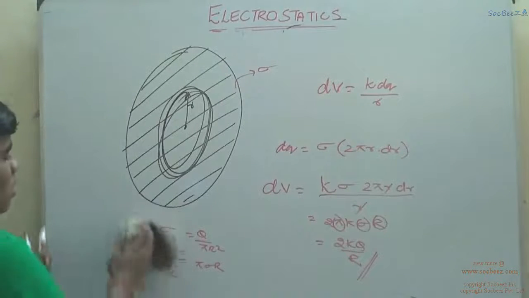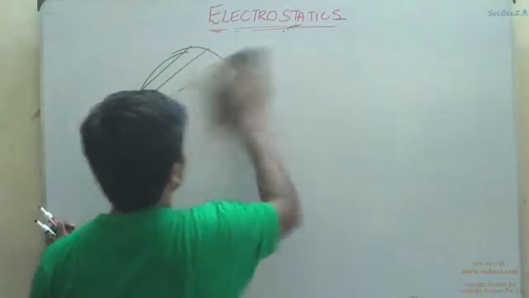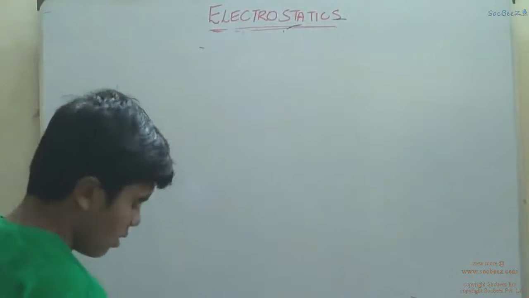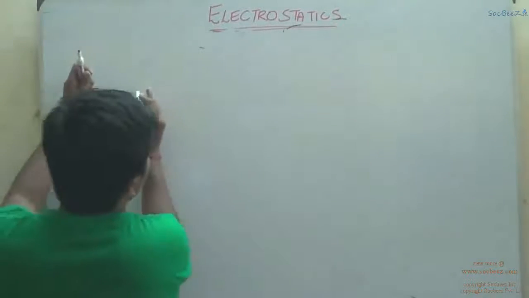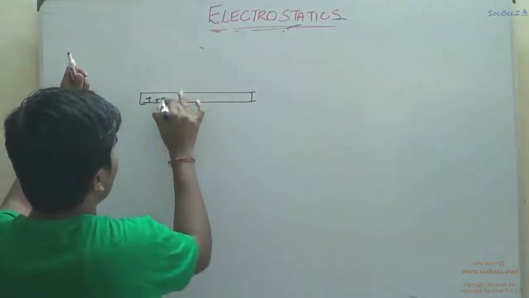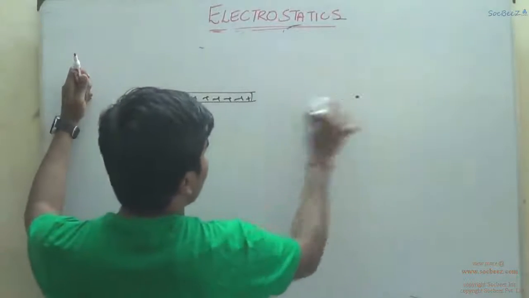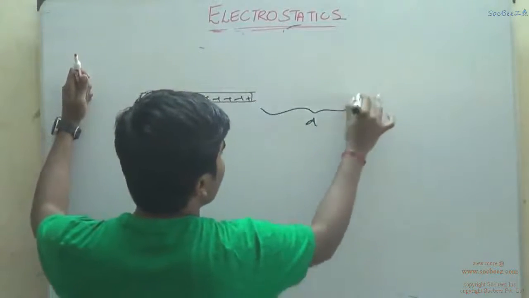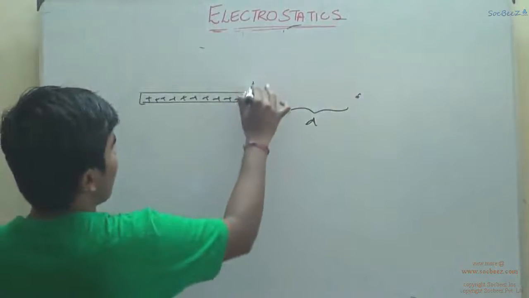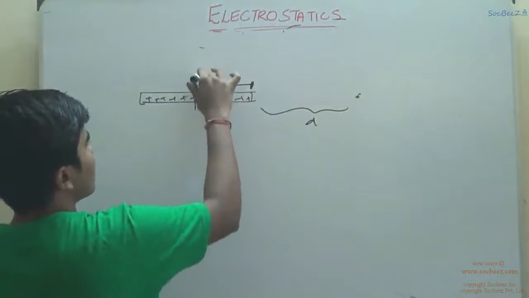Now let us find out the potential due to a rod at a point at distance d. Okay, so again I consider from here at a distance x a strip of length dx.